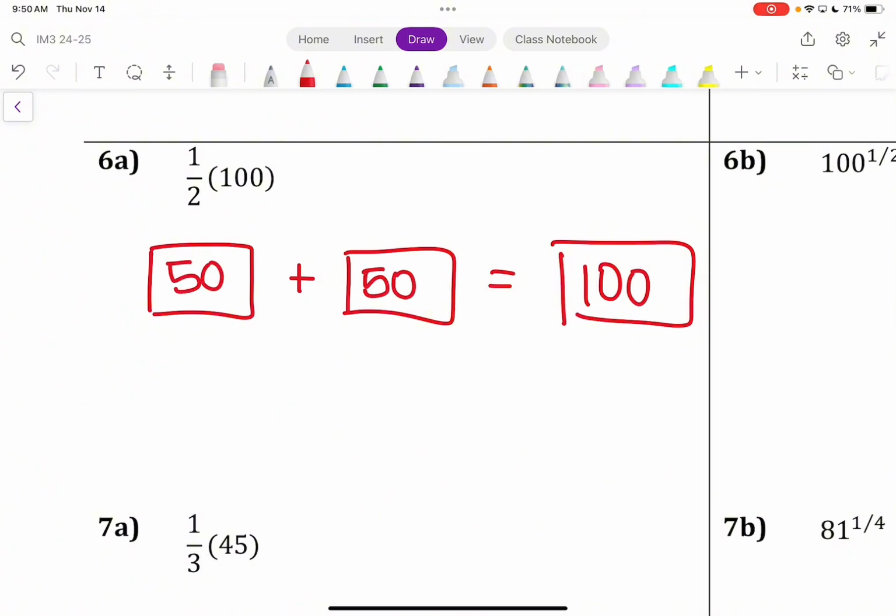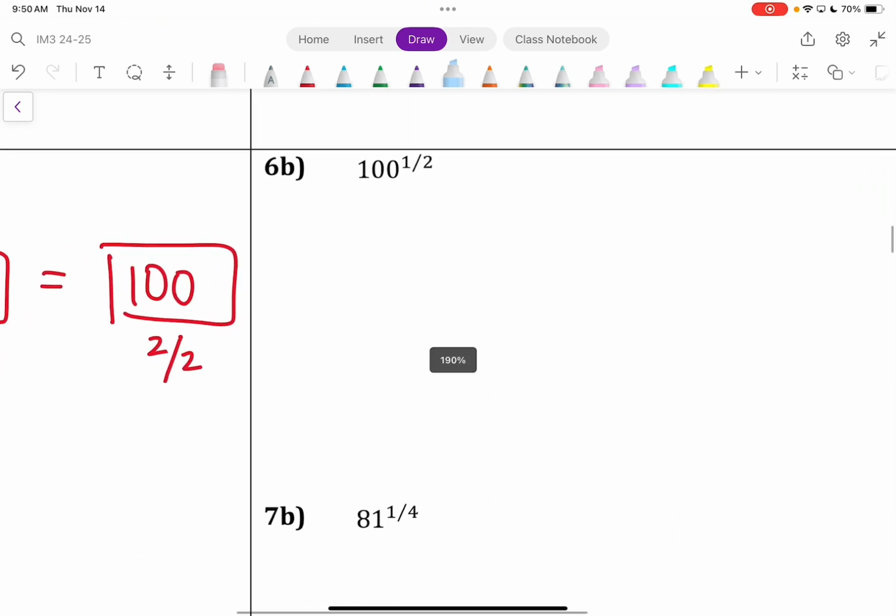Right? So once again, I'm splitting this into halves. It's 1/2, 1/2. This is 1 whole. So the answer is 50. I'm avoiding using just straight multiplication because I want to show you visually. That's why.